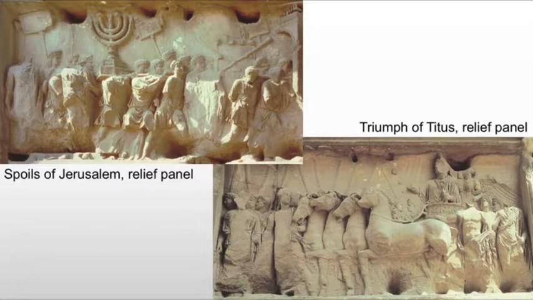Now, moving to the right, the triumph of Titus is that parade, but now we're seeing Titus in the chariot. Before him are the prisoners of war that he's bringing back. Of course, that's very important because these people become slaves. And Titus has this form behind him. This is actually winged victory, but winged victory is in a very specific position.